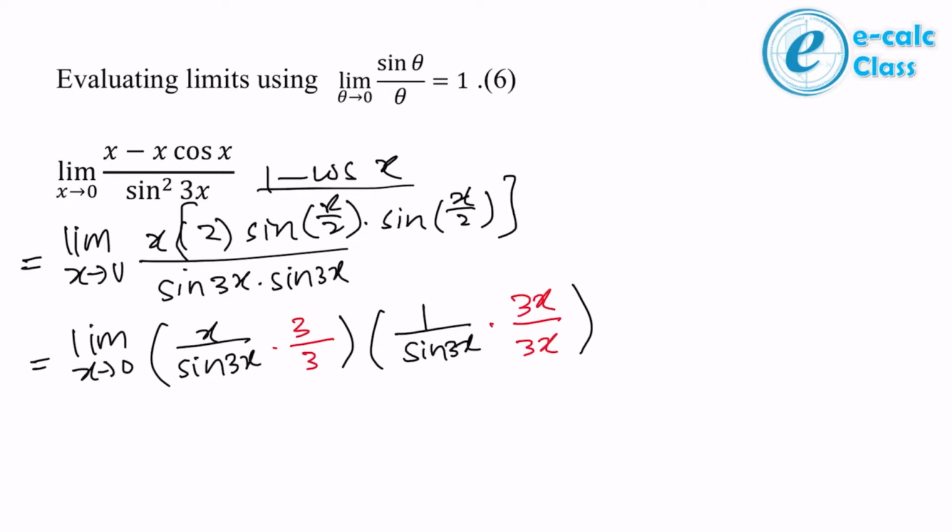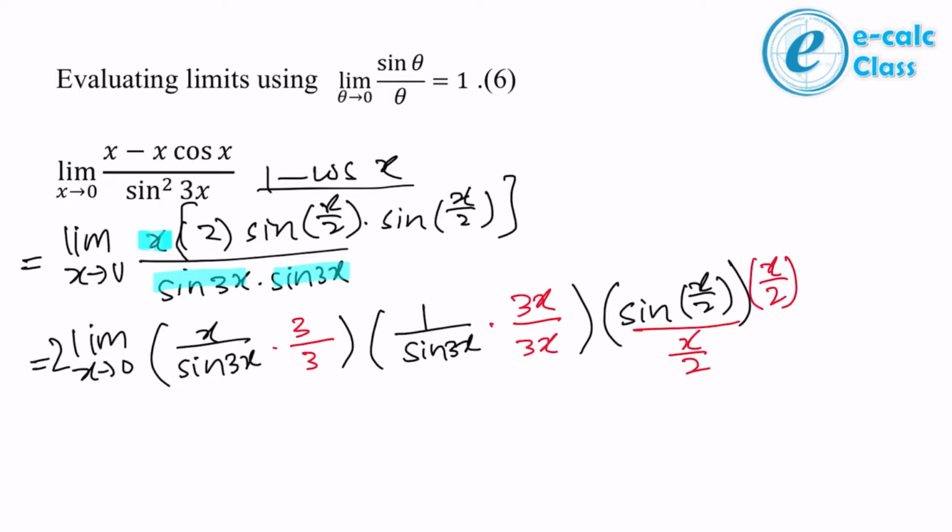Now I already settle this x over sine 3x. I also settle this sine 3x. Okay, 2, I just bring it to the front. Then I have a sine x over 2.